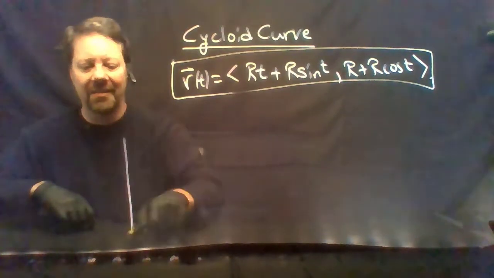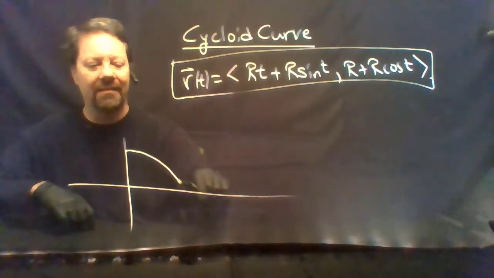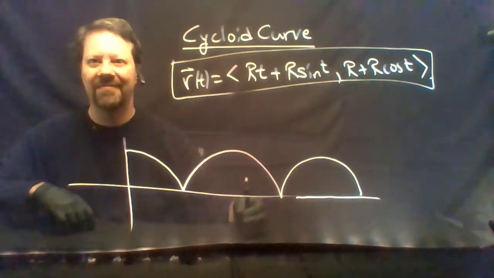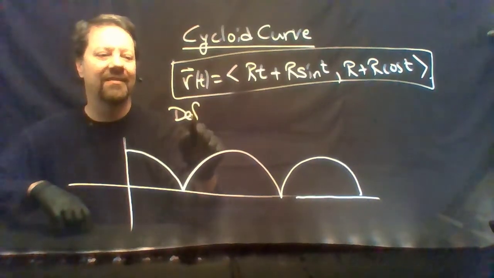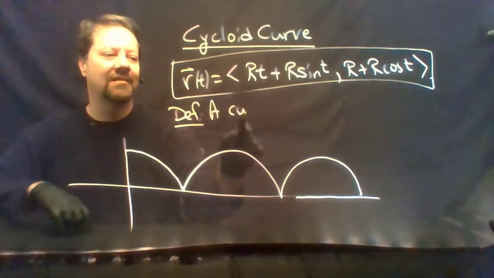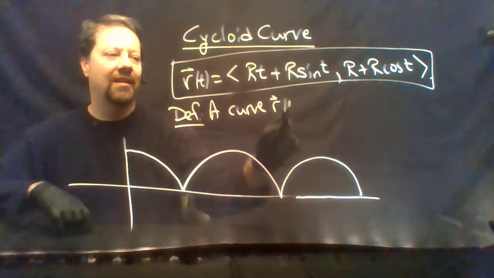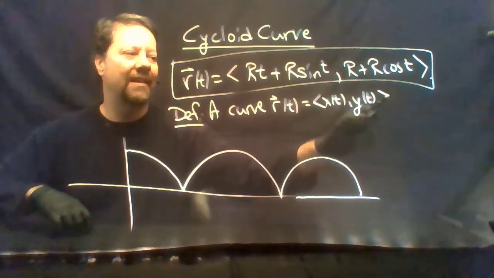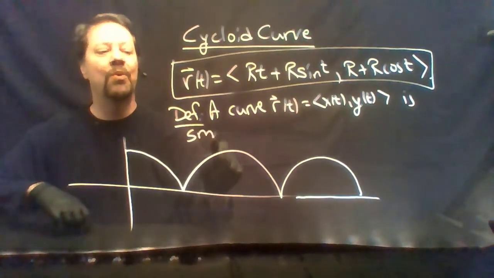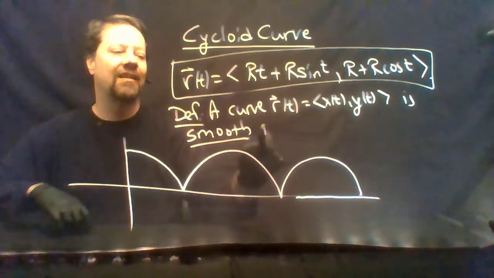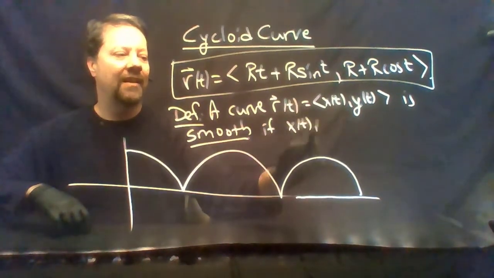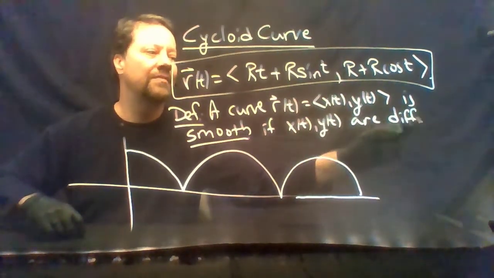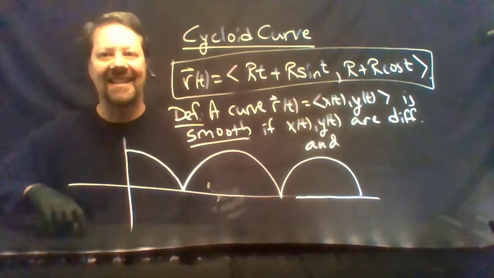Now, this curve, as we've seen already in this course, is not smooth. Remember, the curve r of t equals x of t, y of t is smooth if x of t and y of t are differentiable, but that's not enough.